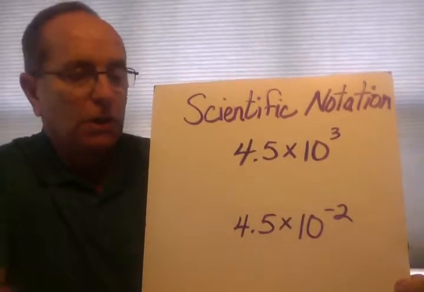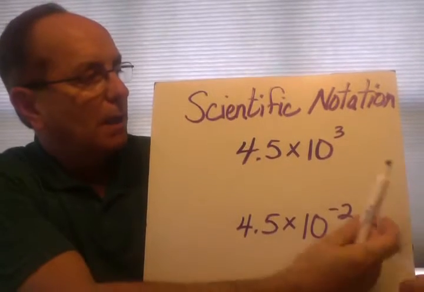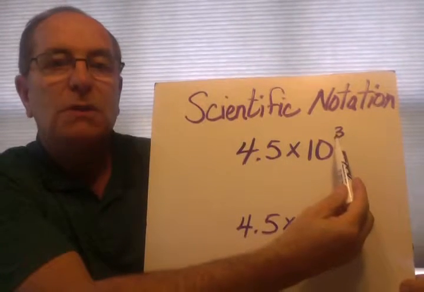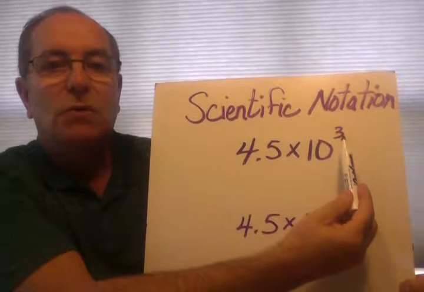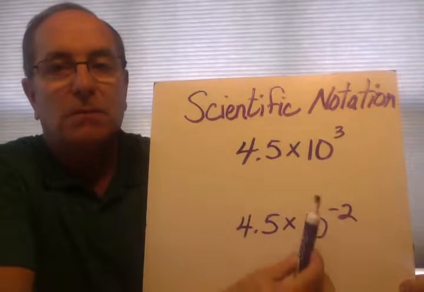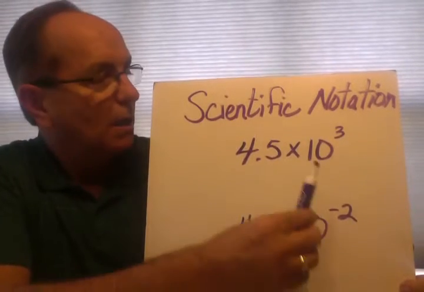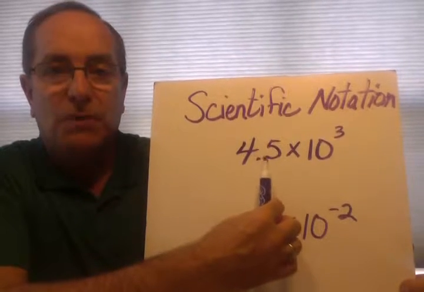So if we're looking at this particular number, there's a pattern to see. The exponent that you see with the base 10 number tells me that I am going to move the decimal, because the decimal system is created from base 10 numbers. I can move this decimal 3 places.